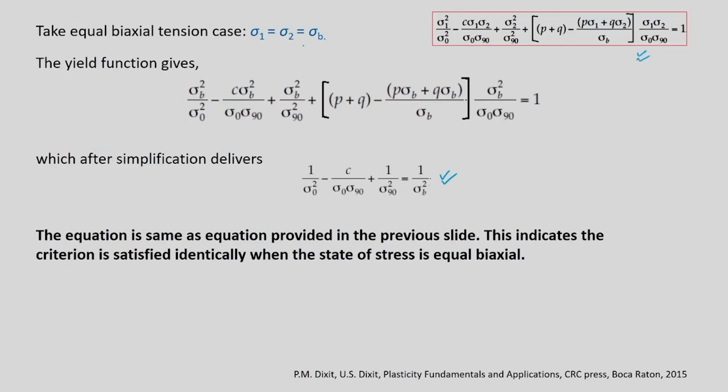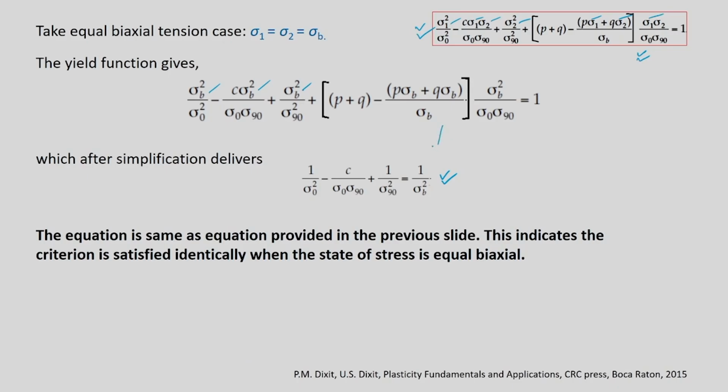So you put sigma 1 equal to sigma 2 equal to sigma b in this equation. Do the small exercise and you will get this particular equation, with sigma 1 replaced by b. B square will come, sigma b square will come.